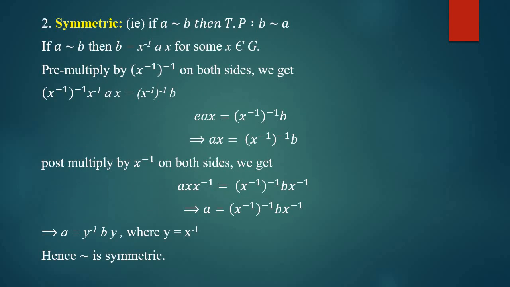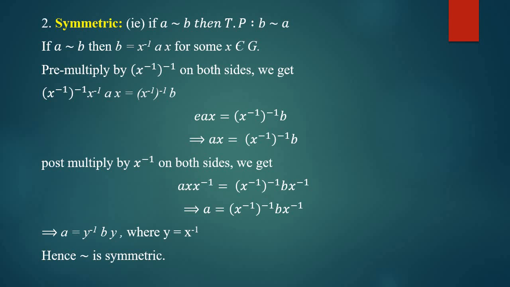The next condition is symmetric. In this, we have the condition a tilde b. So we have the equation b equals x inverse a x for some x in G. Then we have to prove b tilde a. For that, we pre-multiply by x inverse the whole inverse on both sides.